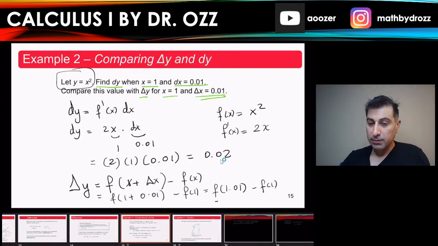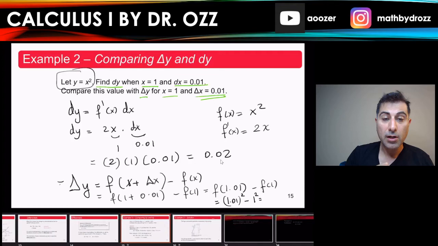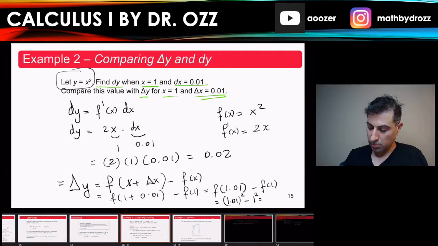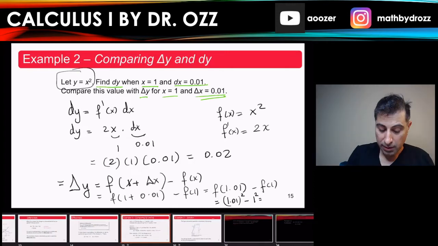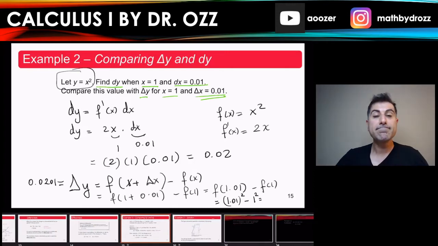And we're going to plug this back into the function. So 1.01 squared minus 1 squared. And if you do the calculation by using your calculator, let me just write it here. It's 0.0201.